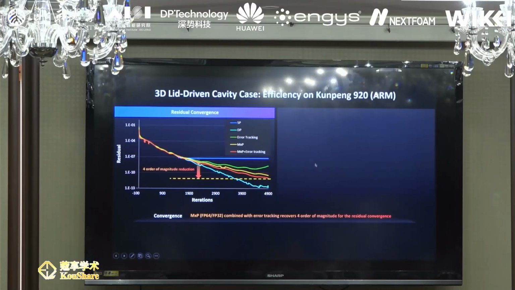So for example, the blue line is pure single precision. The green line is also pure single precision with no mixed precision, but with error tracking. You can see that you can already drop a little bit of the error there.